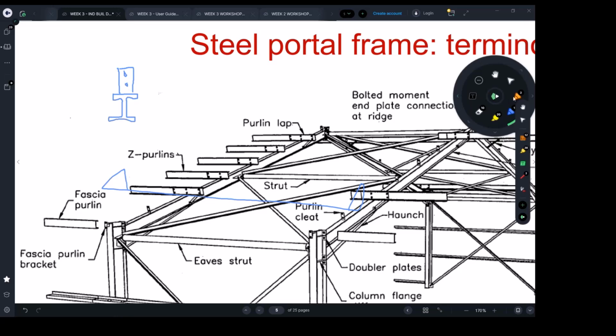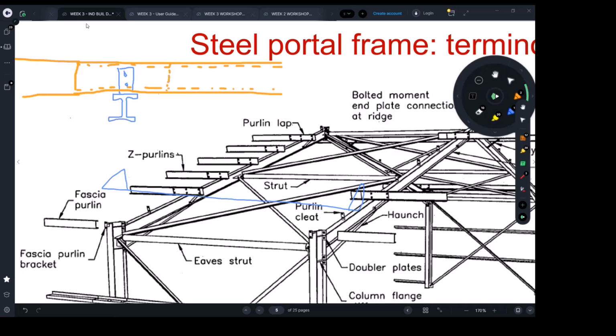And then behind the plate, I'll make it with a different color, you've got what? The purlin. So it's got 2 lines because it's a C channel. What I'm trying to say to you, let me draw one side of the purlin. The purlin will stop here, and then we have to lap it with another purlin to go forward, because the purlins cannot run all the way.